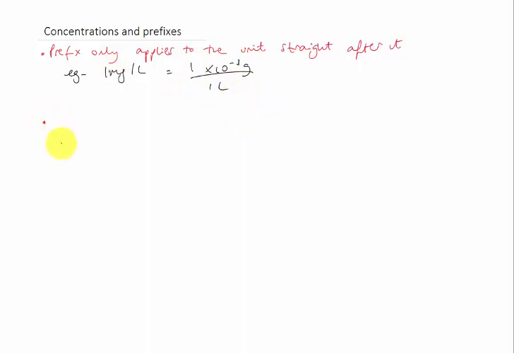And the second thing I want to say is that it's going to be handy to know that 1 gram per litre is the same as 1 milligram per milliliter, same as 1 microgram per microliter, which is the same as 1 nanogram per nanoliter.